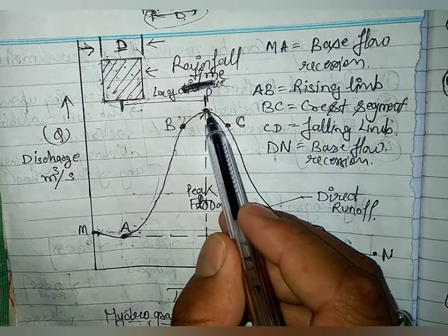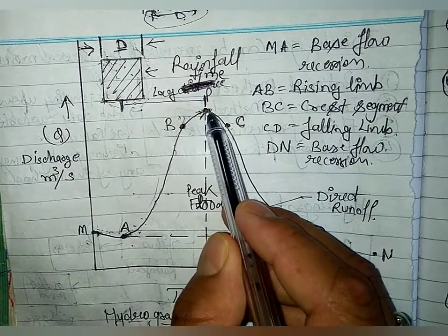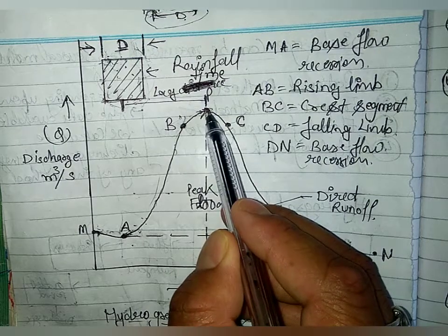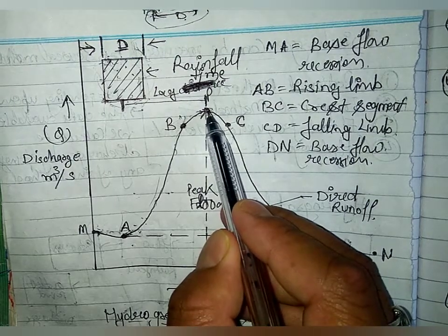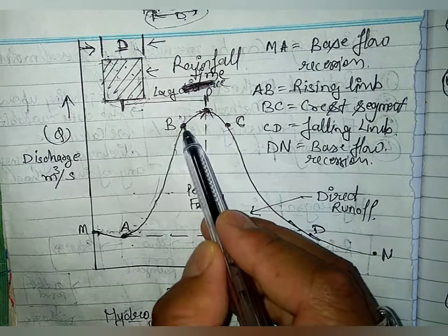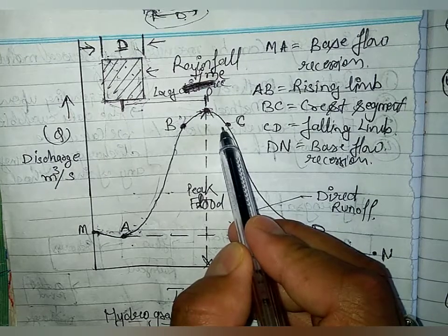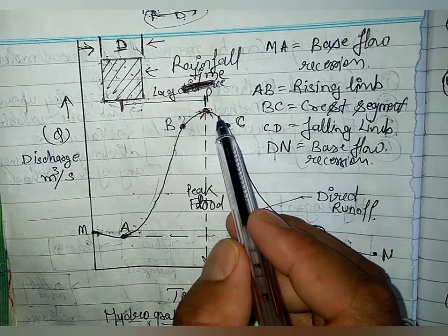Okay, so when it reaches its peak value, this point P is called the peak value of the hydrograph. Now this B and C point, these are called crest segments. Why is this your crest segment?